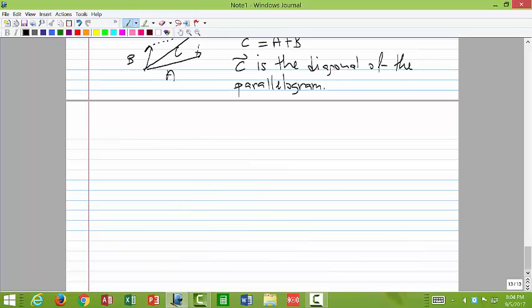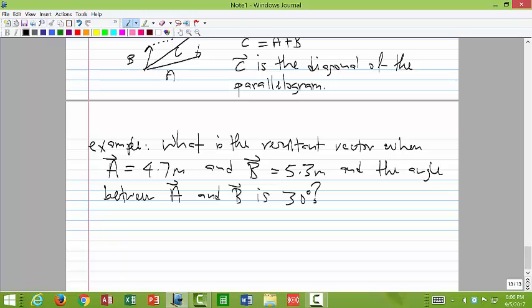Let's try an example. Maybe that will help. This one has two vectors with an angle between them. See if you can calculate the resultant vector. What's the direction of A? They are both in the same direction. They just have an angle between them.